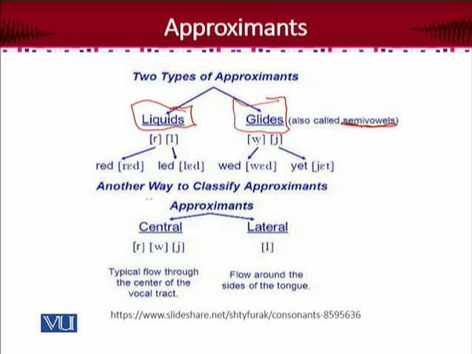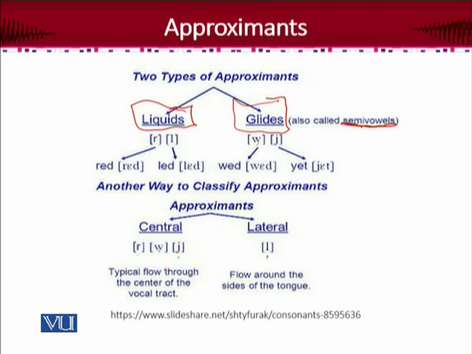And there is one more way to classify approximants, the division into centrals and laterals, right? We have central approximants like R, W, and Y, and lateral approximant L. In English, this is the pure lateral, as already mentioned.